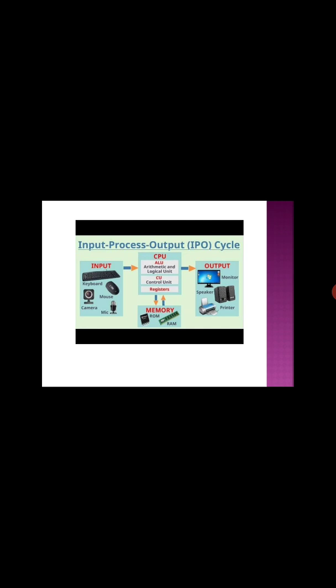When we say CPU, it is just a case or the cover that looks like a box. So when we talk about CPU, we mainly talk about the components inside it, not about the external case. So processing in the CPU is done in the internal components, not the cover or the case.